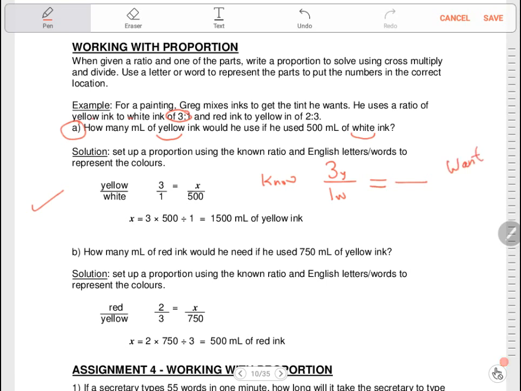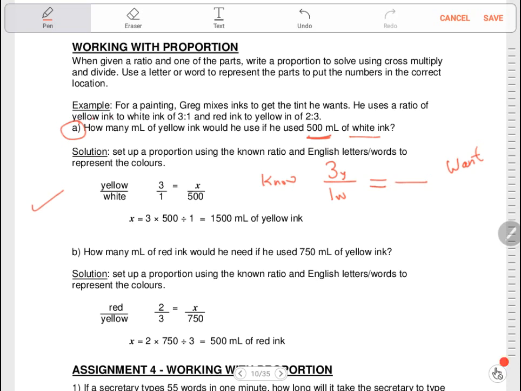And the question says, how many milliliters of yellow ink would he use if he used 500 milliliters of white ink? So you have to be very careful here now. It says 500 milliliters of white ink.